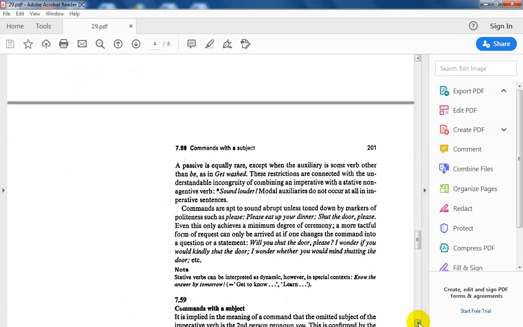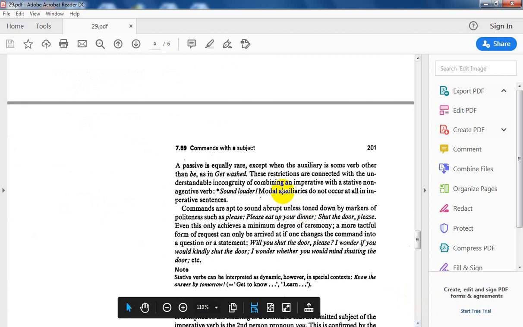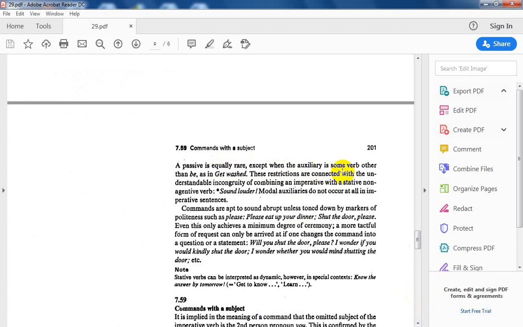A passive is equally rare to have in a command, except when the auxiliary is some verb other than be, as in "get washed". This is a passive verb. These restrictions are connected with the understandable inability of combining an imperative with a stative non-agentive verb.